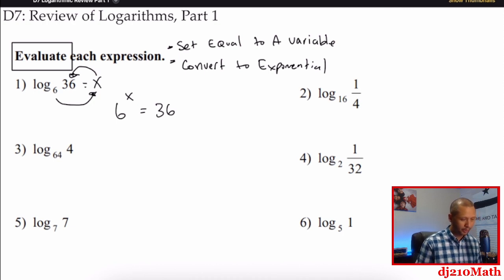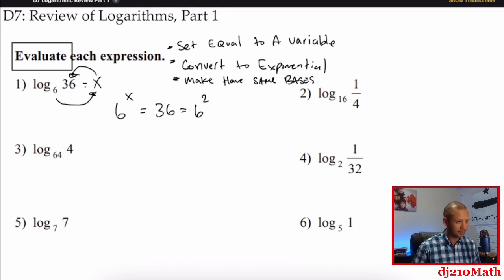Then what you'd want to do, if it wasn't obvious, is make them have the same base, meaning somehow turn 36 into base 6.